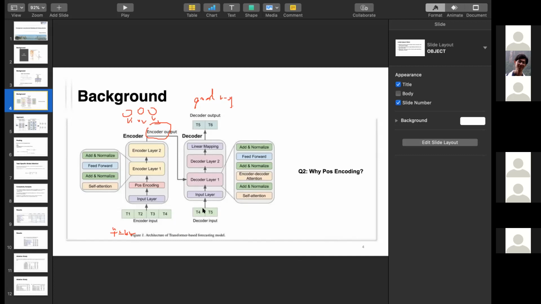Will you please repeat your last sentence? So in the decoder there is a module called encoder-decoder attention, right? Yeah, I understand this layer. The layer is basically trying to extract the positional relation. For example, position 3 is actually related to position 1.